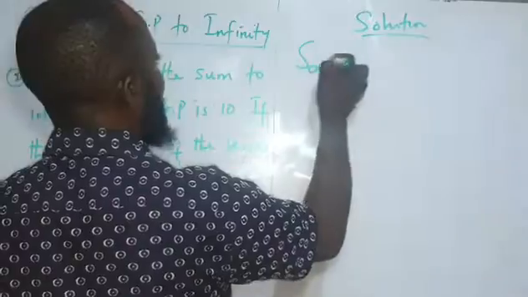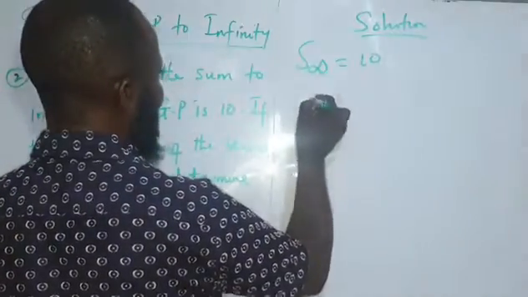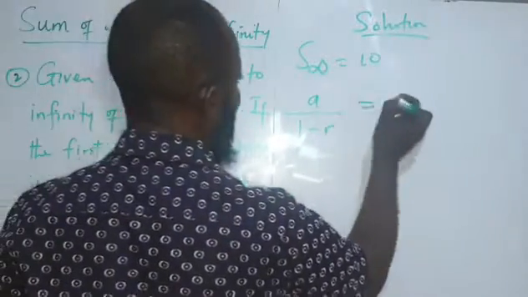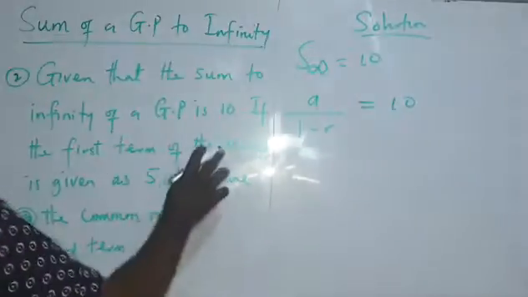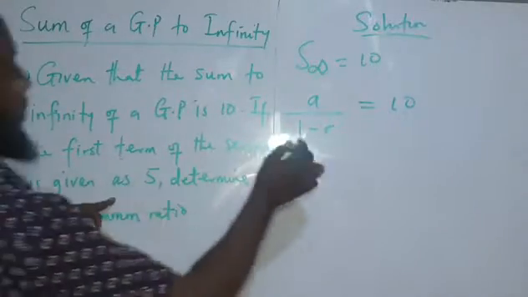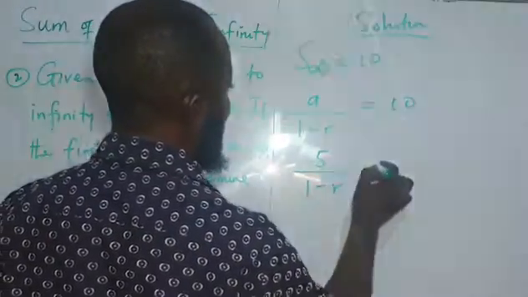Sum to infinity is given as 10. What is the formula? That is A divided by 1 minus r equals 10. Now, if the first term is 5, that means 5 divided by 1 minus r equals 10.